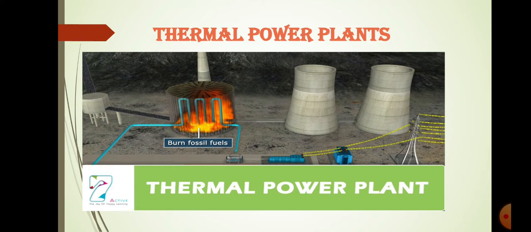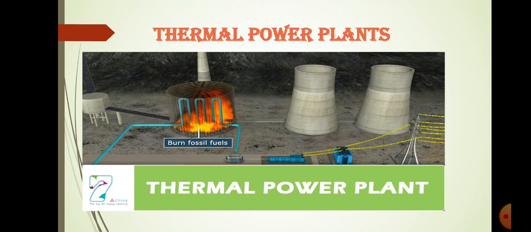Thermal means heat. The heat is generated here. How is the heat generated? In order to generate the heat, a large amount of fossil fuels are burned, children. You can see in the picture that a large amount of fossil fuels are burnt in the power station, and the heat energy in turn is used to heat the water.